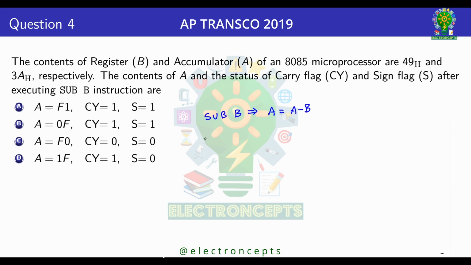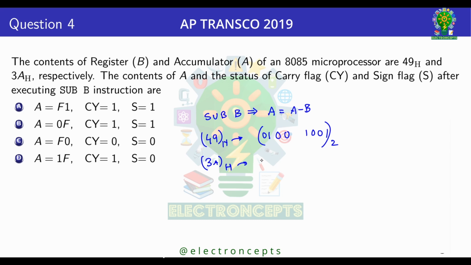To perform subtraction using the 2's complement method, we need to convert 49 hexadecimal and 3A hexadecimal to binary values. 49 in hexadecimal form can be converted to binary format as 0, 1, 0, 0, 1, 0, 0, 1 in binary format.